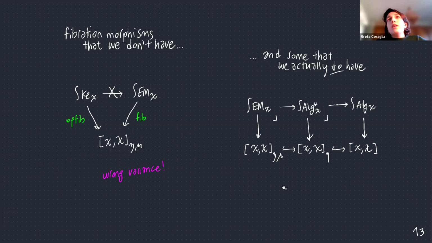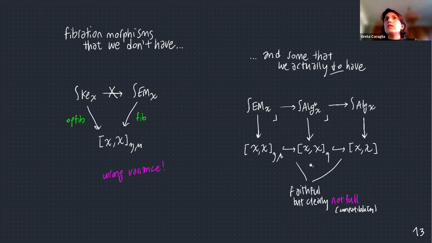For example, it's quite trivial to see that if you start from endofunctors and restrict yourself to pointed endofunctors and then to monads, then each of these is a sub-fibration of the one before. And of course, these inclusions cannot be full because you need to ask for some compatibility.